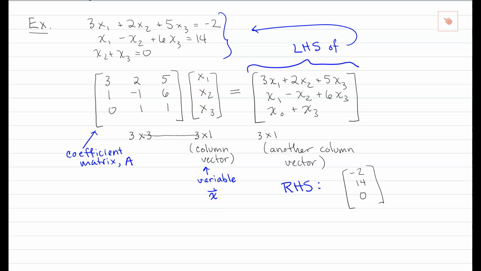Call it X with the arrow notation above it. And this column vector I'm going to give a name as well. I'll call it B. And again, when we have column vectors or row vectors, we'll often use that little arrow notation. So now our matrix equation is AX equals B. All right, so that is how we write linear systems as matrix equations. In the next video, we're going to start seeing how to solve them.